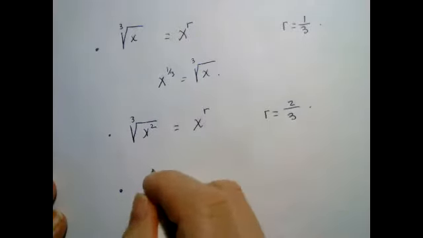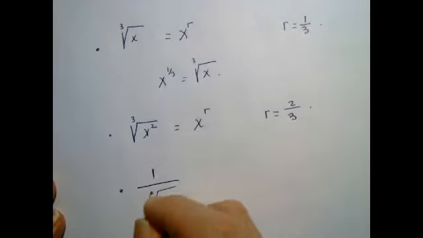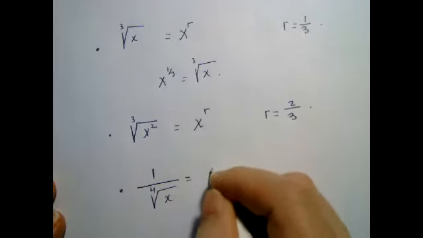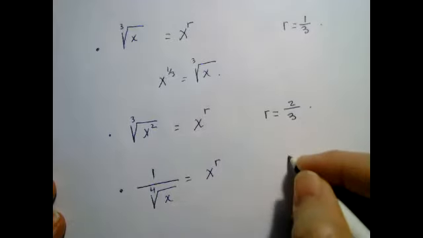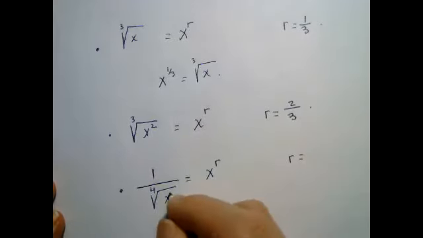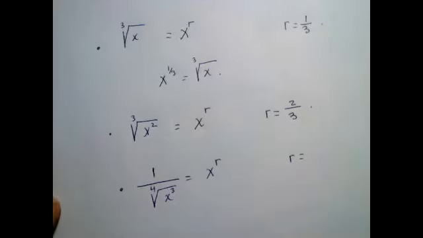Okay, my last one is, suppose I give you the 4th root of x. It's x to the r. Actually, the 4th root of x cubed, just to make it a little bit harder, not much. What's the r?